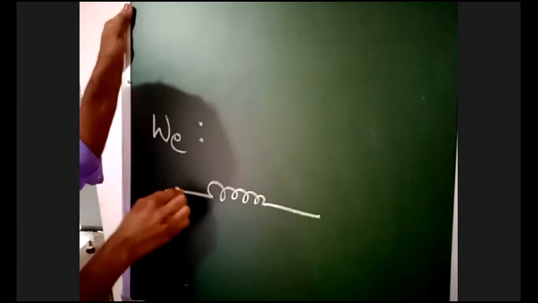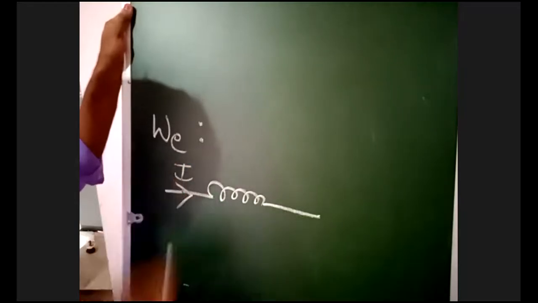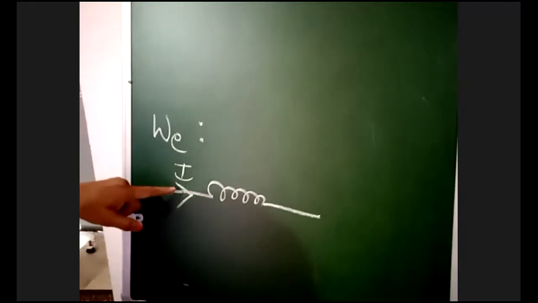See here. This is the coil. In the coil, current is flowing. I is the main current.